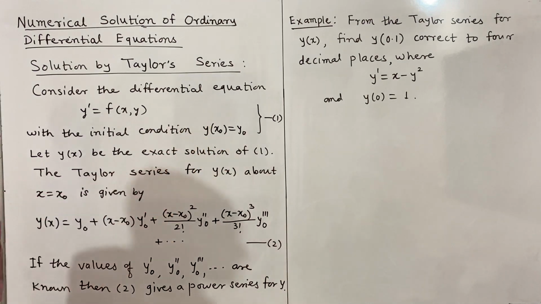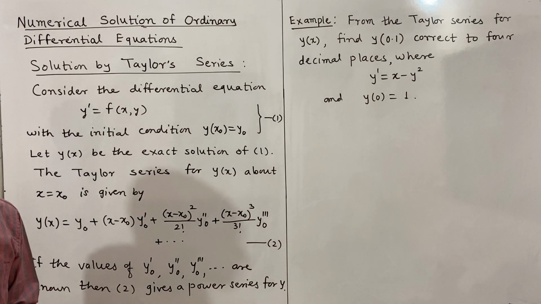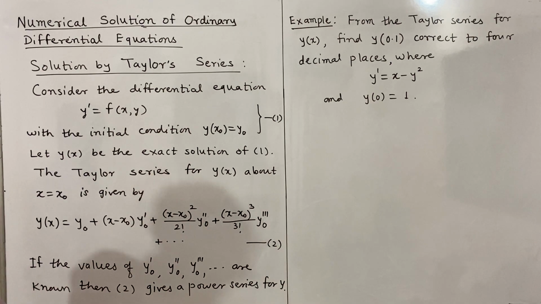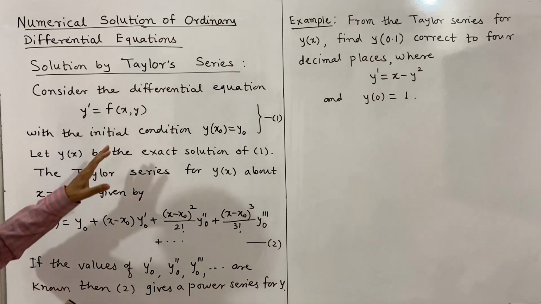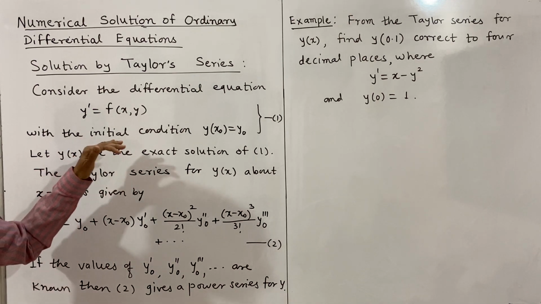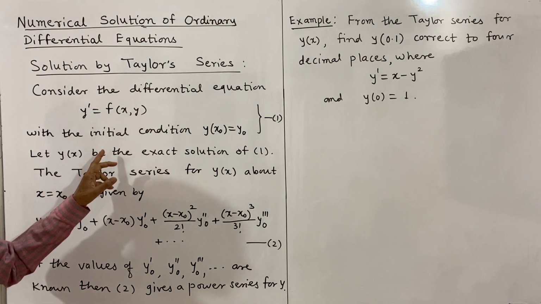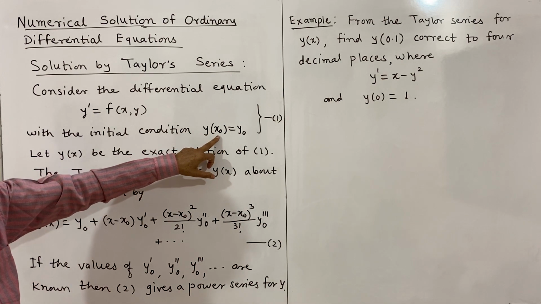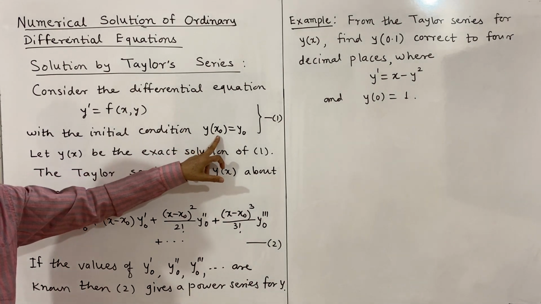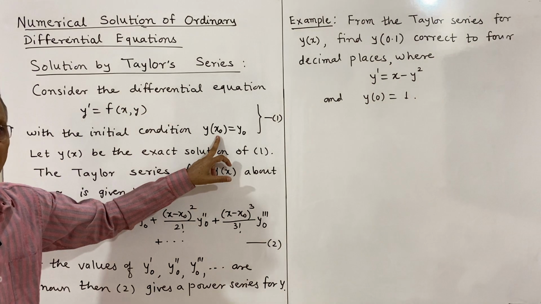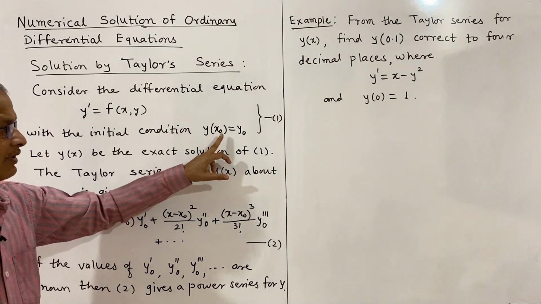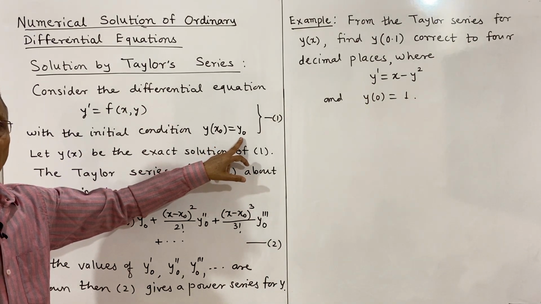There are two types of problems we usually consider: initial value problem and boundary value problem. In initial value problem, the condition is specified at the initial point. Here the initial point is x naught. The value of y at this initial point x naught is given in the problem itself, with notation y naught.